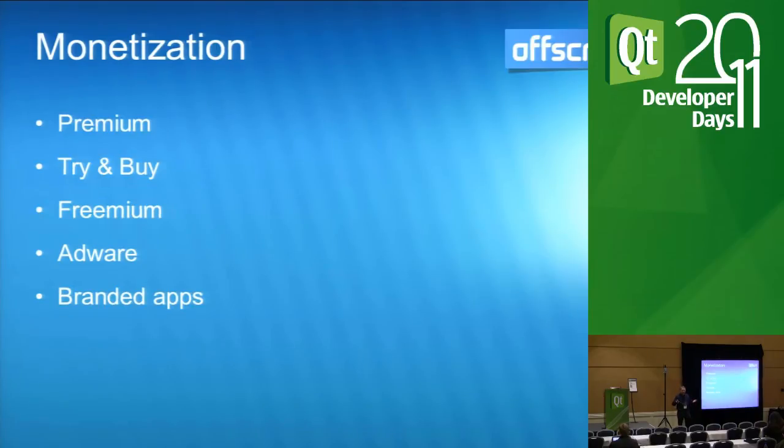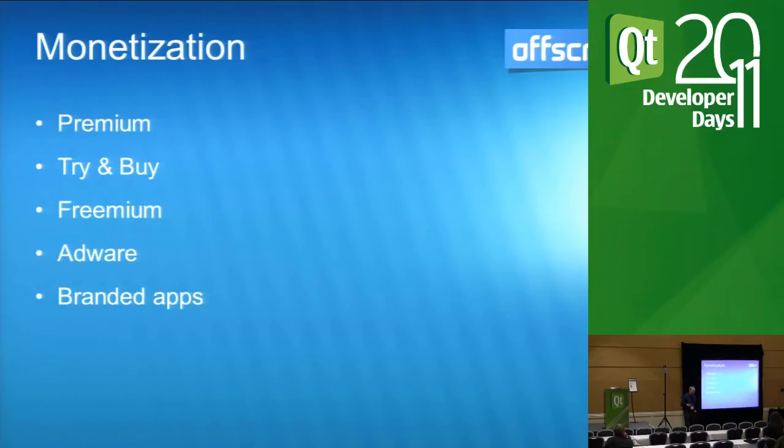So if something is free, we get maybe 200 times more downloads than for premium applications. So obviously, this premium thing only works for really top-level, really recognized applications, like Plants vs. Zombies, perhaps. So you really need to be on top before going premium.